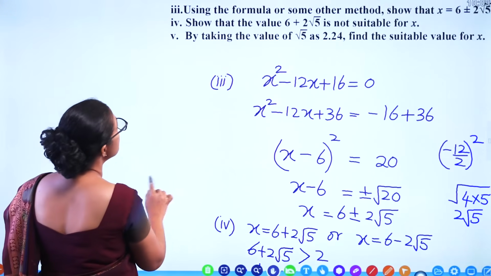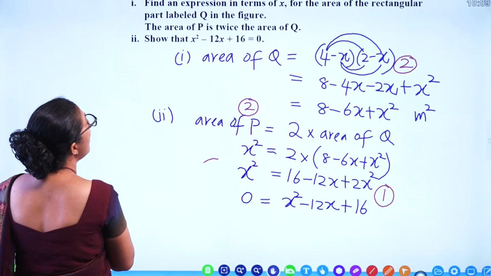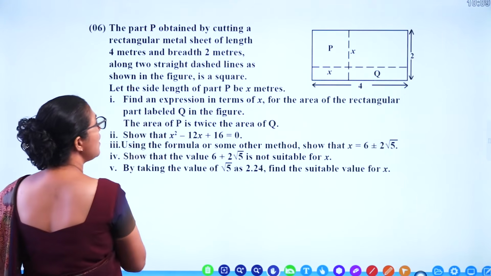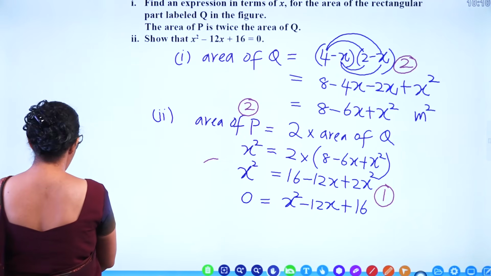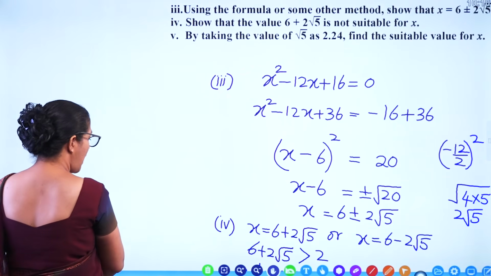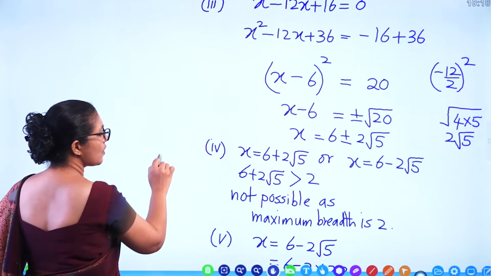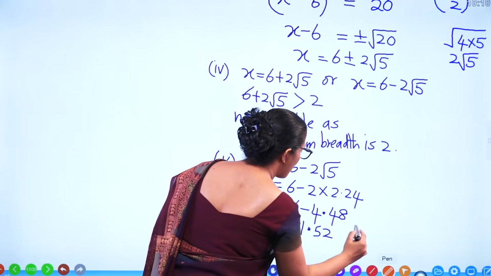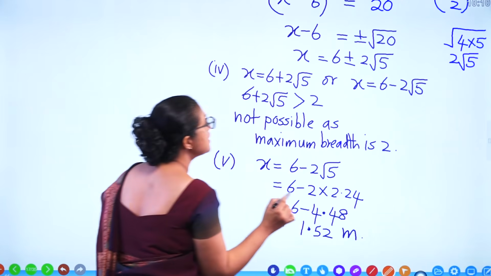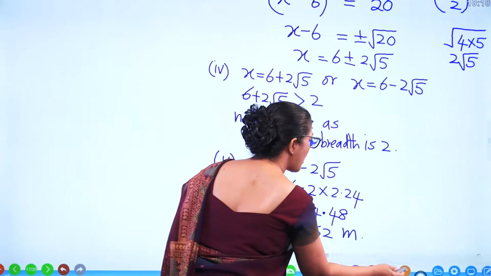Let's have a look at the units. It's not given, but the breadth is 2 meters. So this is all in meters. So the value is 1.52 meters.